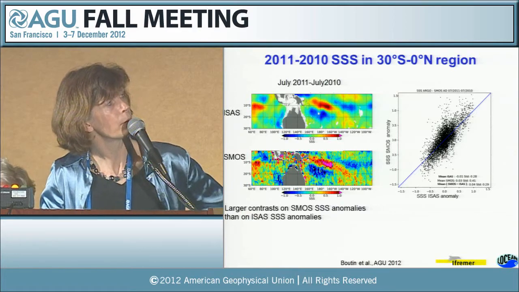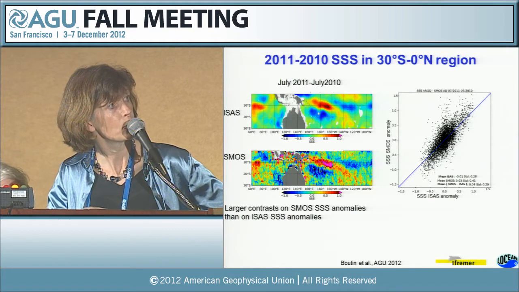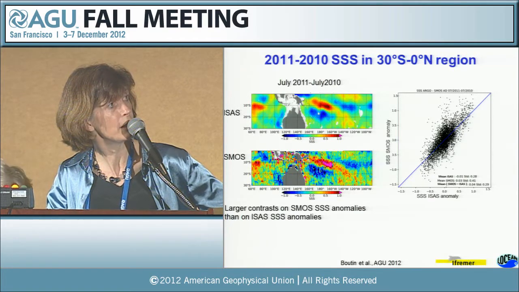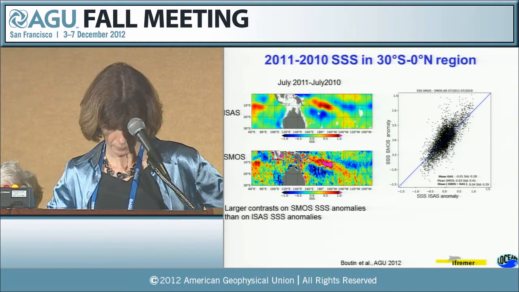Now I do the same exercise in the southern region. Again, here you have the scatter plots of the anomaly, and you can see that very positive anomalies are more positive on SMOS, and negative anomalies are more negative on SMOS also.